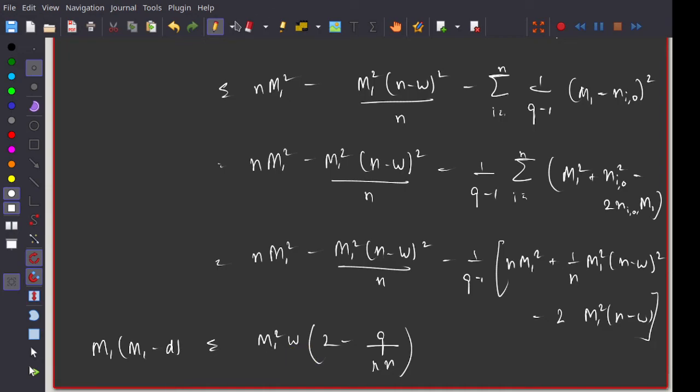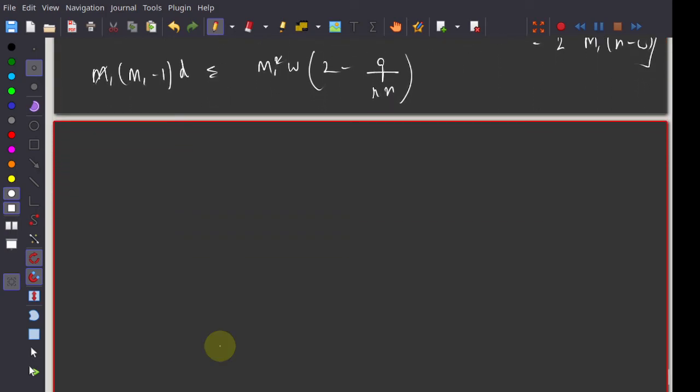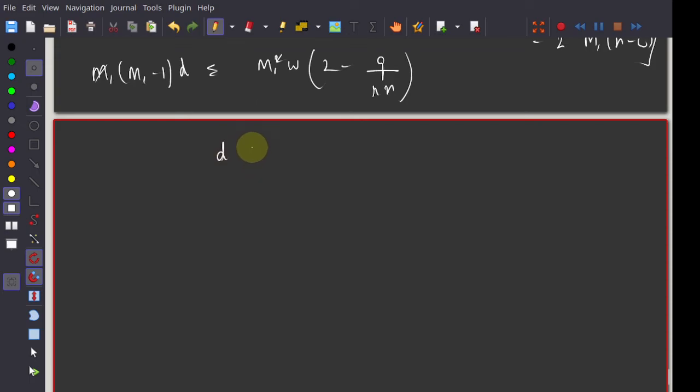So m1 into m1 minus d is less than or equal to m1 square w 2 minus q by Rn. So much simpler than this. You can now cancel out one of the m1s and you get d is less than or equal to m1 by 1 minus 1 over q, divided.